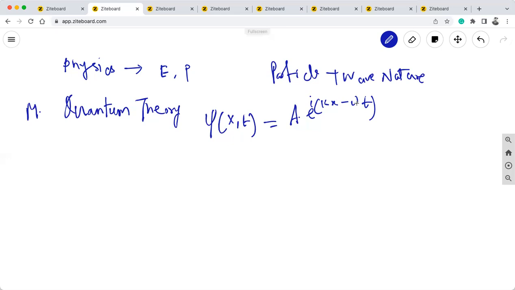And we'll try to understand in a very simple manner how the classical fundamental quantities like energy and momentum are related with the quantum. That relationship we'll try to see here.